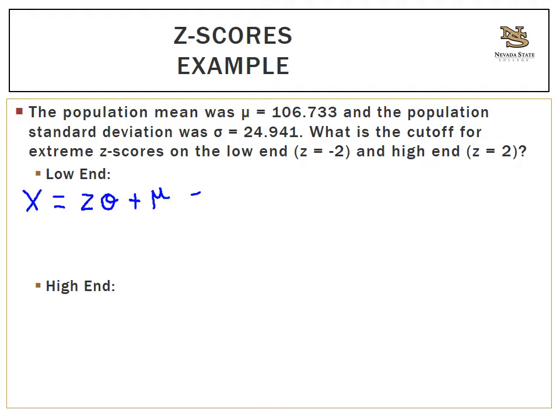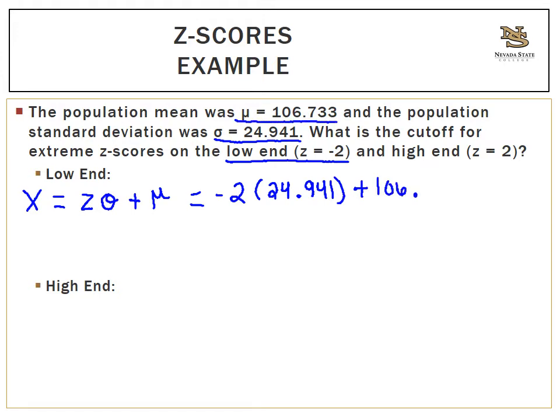If we're looking at the low end of extreme scores, we could pop a -2 in for that z-score. So -2 times our standard deviation of 24.941 plus our mean of 106.733.